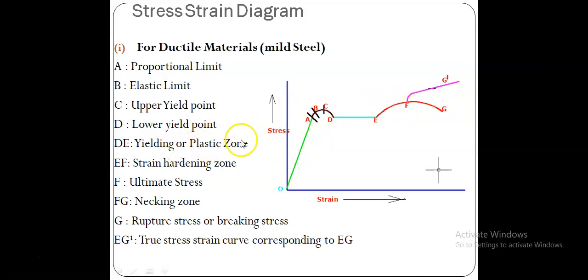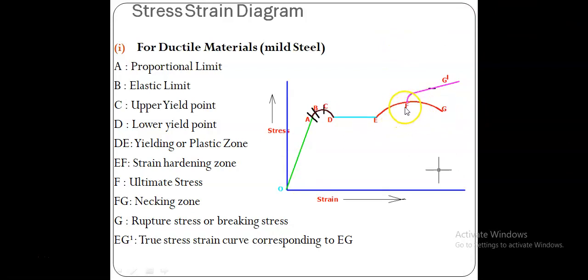So what is the necking zone? What do you mean by necking zone? It means that after F, the dia of the bar is adversely affected. That is, the dia of the bar gets reduced for further increment of load. That is called the necking zone.